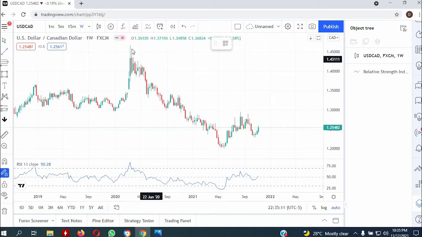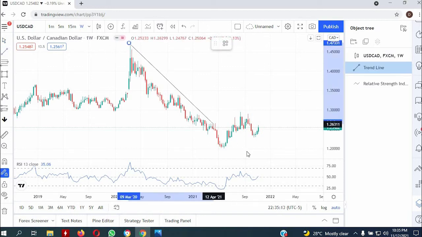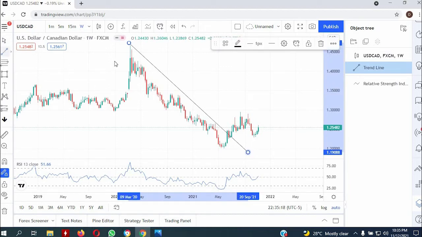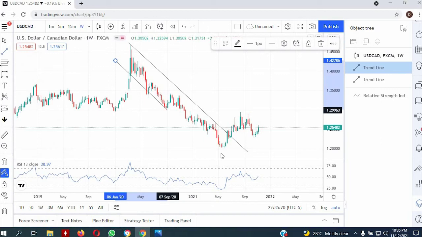For the US dollar Canadian, it was in a small bear trend right here.